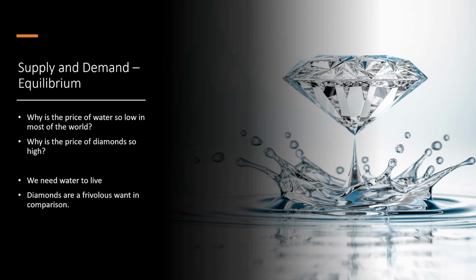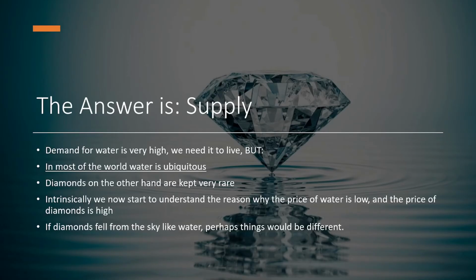So why is the price of water so low in most of the world? And why is the price of diamonds so high? We need water to live, and in comparison, diamonds are fruitless. They might look pretty, but they're nothing compared to water. So why is there such a price disparity?